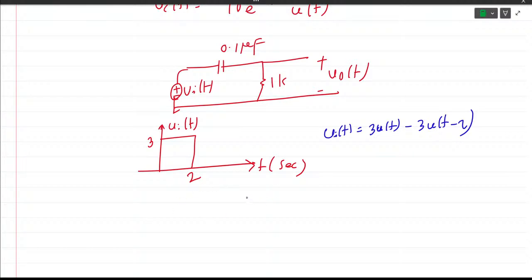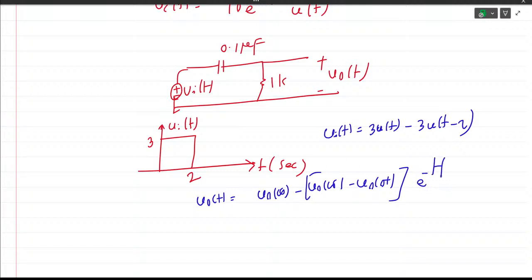So here I will use the relation we have studied, that is v0(t) is equal to v0(infinity) minus [v0(infinity) minus v0(0+)] e raised to the power minus t upon tau.